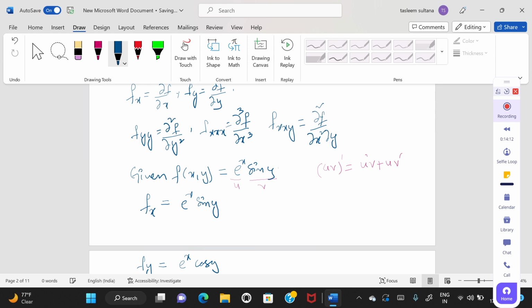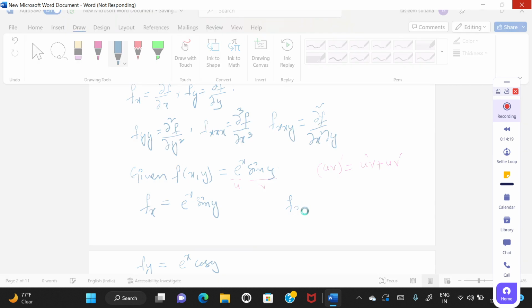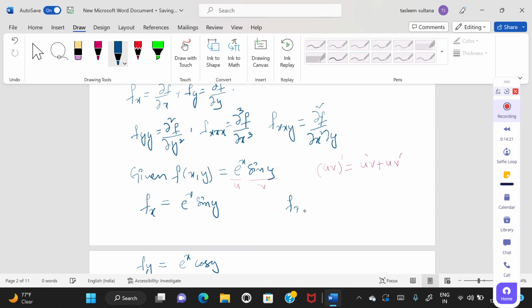The board letters are vanishing from my board. f(0, 0) equals e^0 into sin 0, which equals 0.